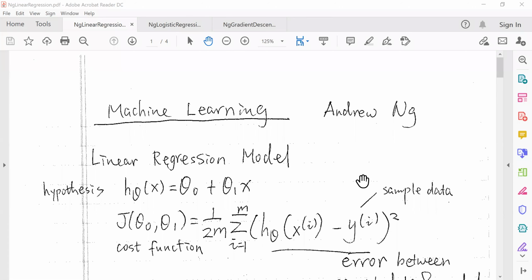Okay, so today we will start with a new topic. Previously, what we learned, the learning algorithm is under supervised learning, and it's regarding classification. For classification, it's regarding discrete value.